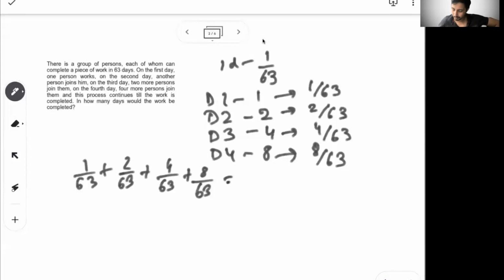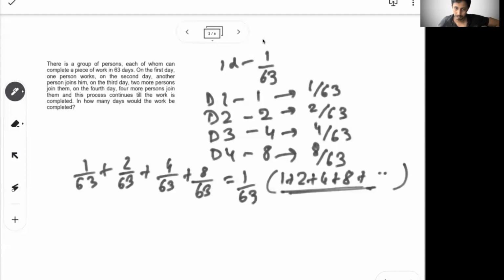As soon as this sum becomes 63, my total work is done. 63 by 63 is the total unit. So from here, the sums are 1, 3, 7, 15.